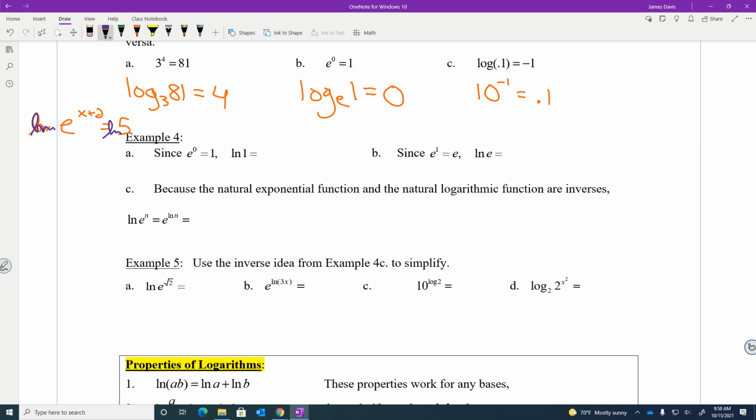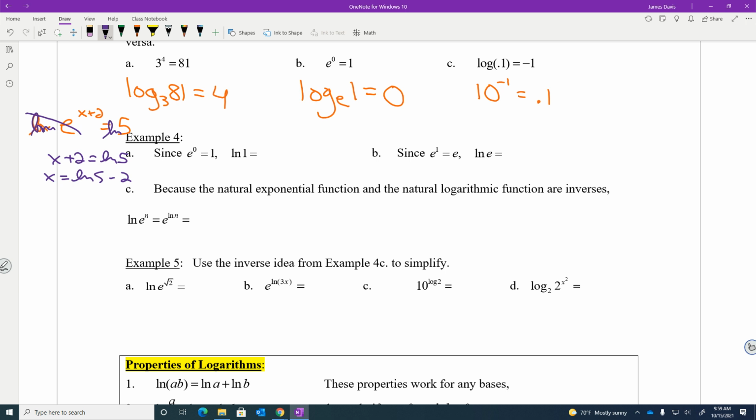So in the same way it was like dividing on both sides and multiplying on both sides. You take the natural log of both sides, and the natural log of e cancels. So it leaves you with just x plus 2 equals the natural log of 5. Natural log of 5 is just a number, it's just a constant. And then so x would be natural log of 5 minus 2. And again, that's just a decimal. Natural log of 5 is just 1 point something.